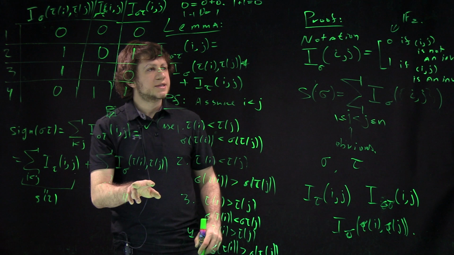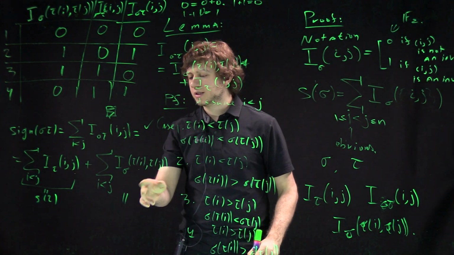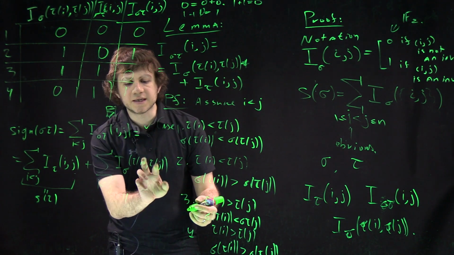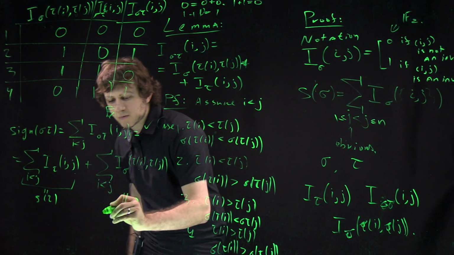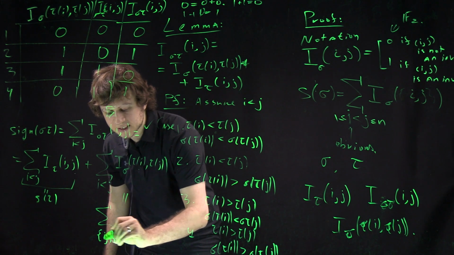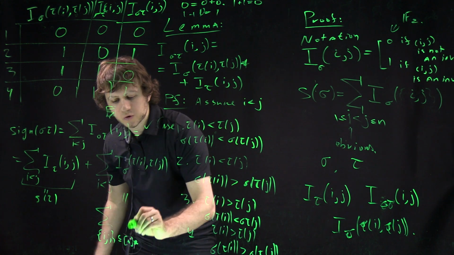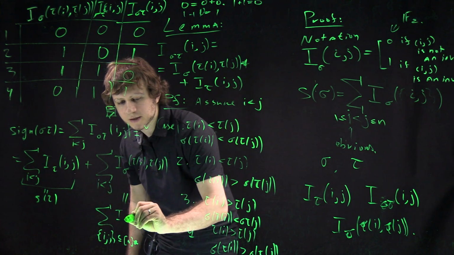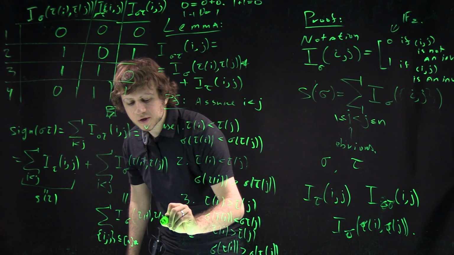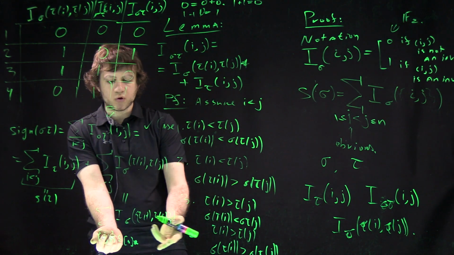So since this thing does not depend on the order, this sum is just the sum over all pairs ij, where these are just two element subsets inside n, and then you have this I sigma of tau of i, tau of j. So this we can do just because this function does not depend on the ordering, so it is just a sum over all subsets.